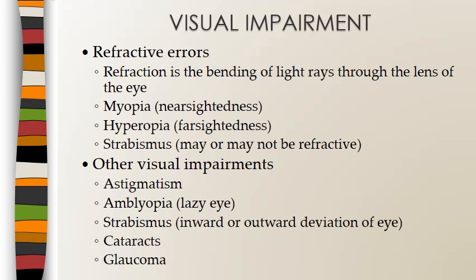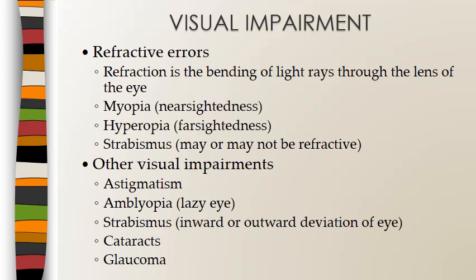The refractive errors that we see that are corrected by glasses are myopia and hyperopia. Refraction is the bending of light rays through the lens of the eye, and it's through this that you are able to see. Myopia is nearsightedness, hyperopia is farsightedness, and some children also have strabismus, which may or may not be refractive.